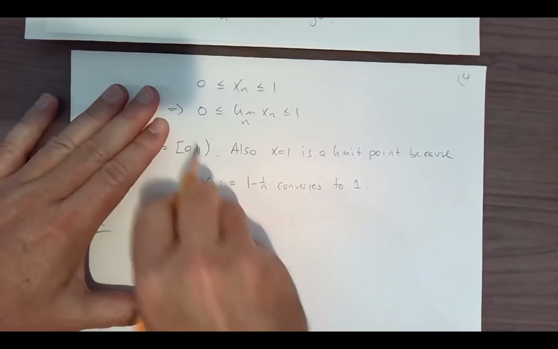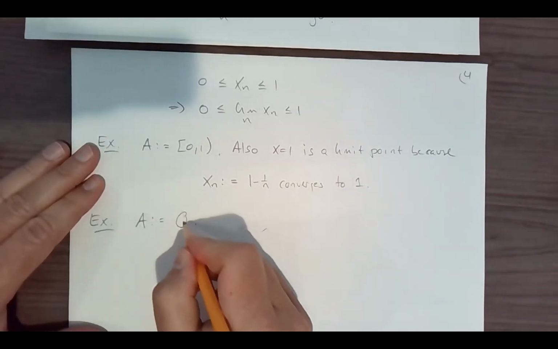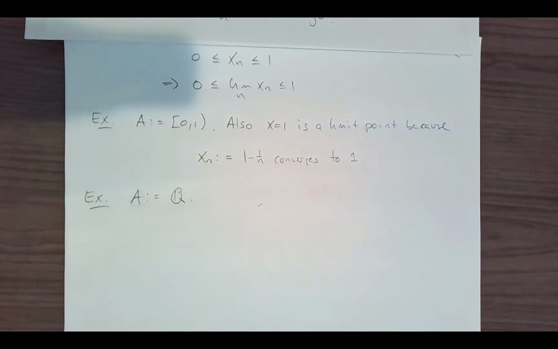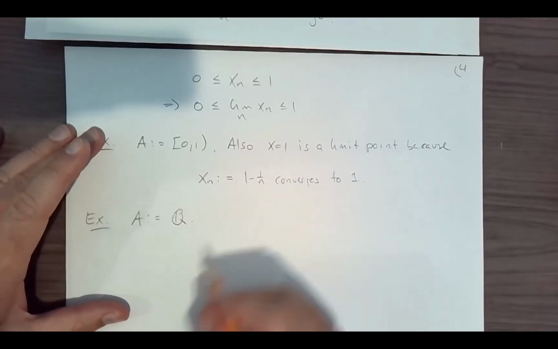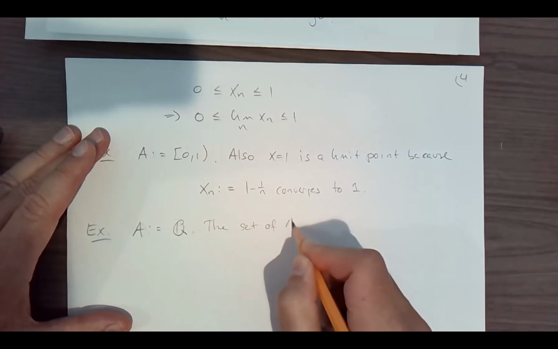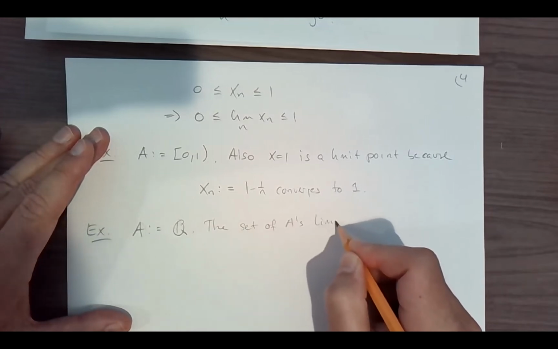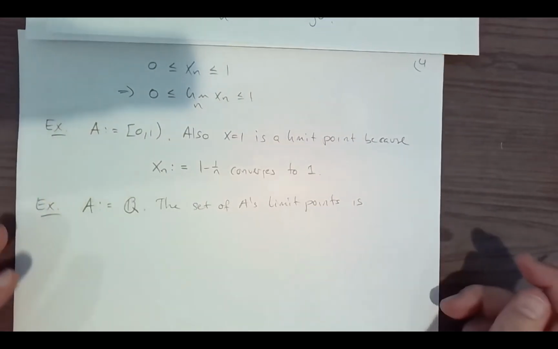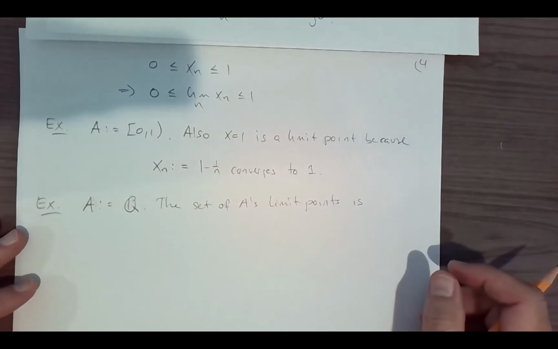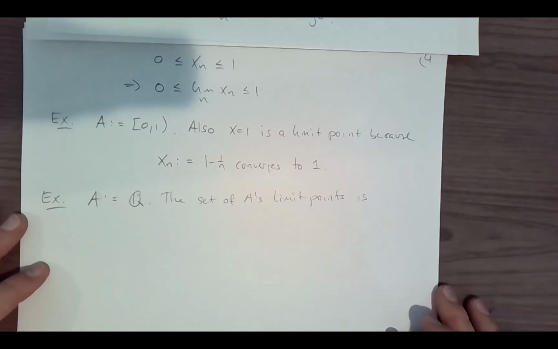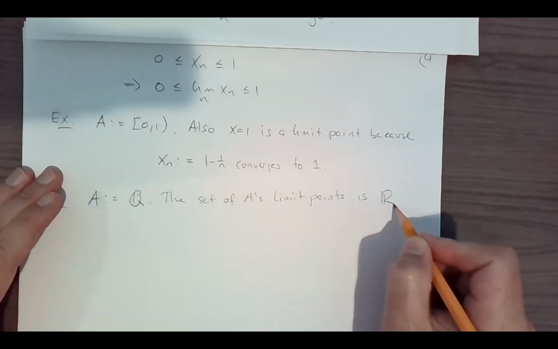The rationals Q, not R. So what is the set of A's limit points? Very good. This is R.